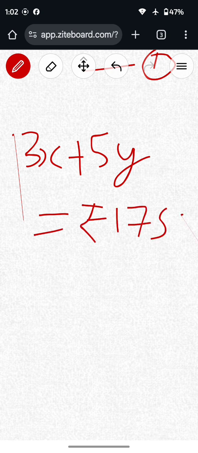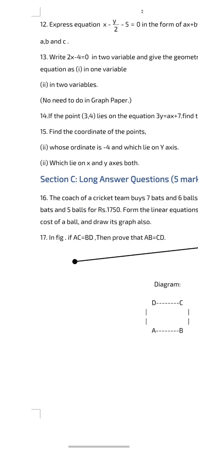So now you have to find the coordinates for these two equations, and with the help of those coordinates you will plot the graph also. As I mentioned in the class, I have already told you the solution of this question. So we will move to the next question.